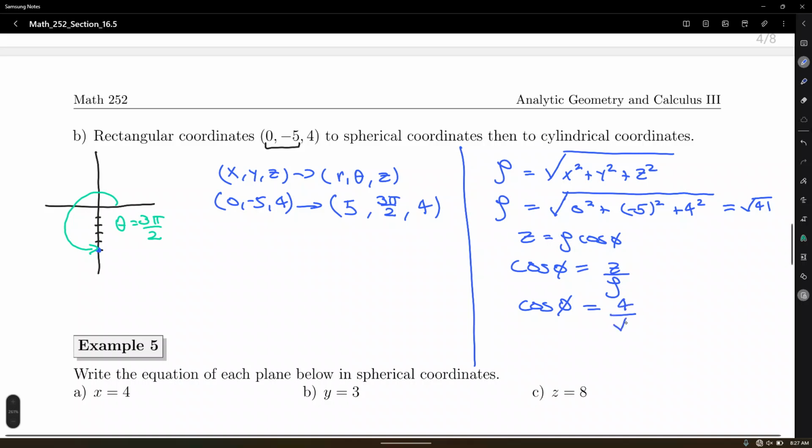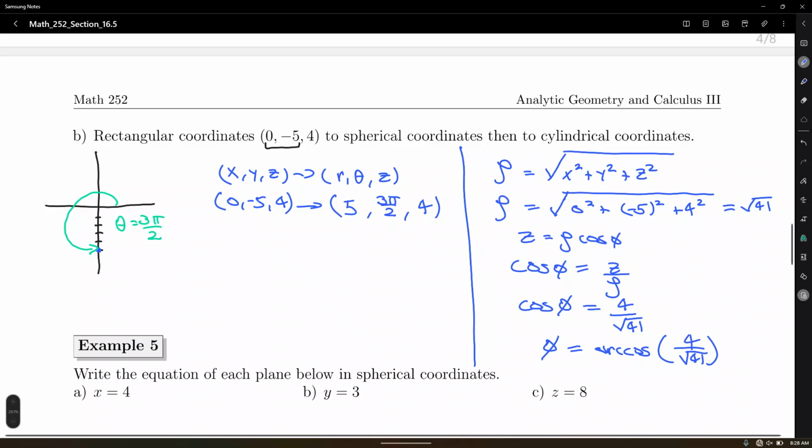Over rho, which is the number we just found, the square root of 41. Now, if we take the inverse cosine to find the angle, phi equals arc cos of 4 over root of 41. Since this ratio of numbers is not one of those special ratios that would give us, say, 45 degrees, 30, 60 degrees, or their multiples in the different quadrants, let's just leave it in exact form.